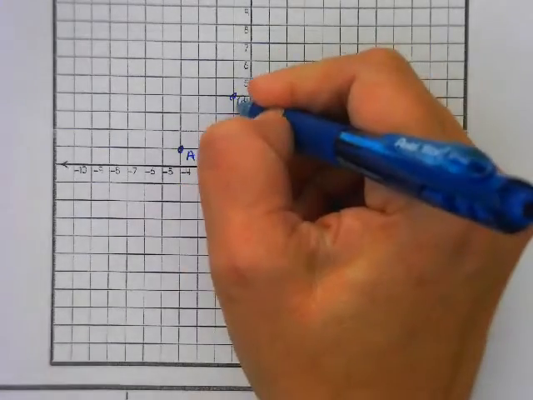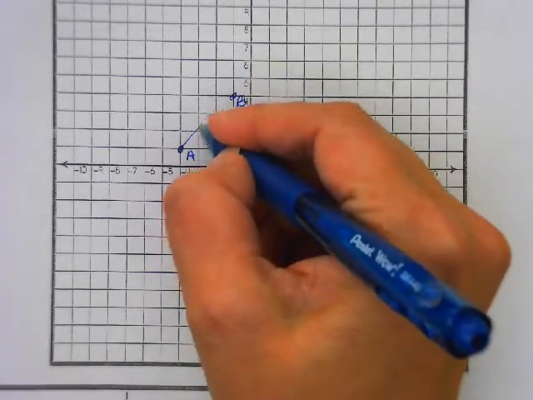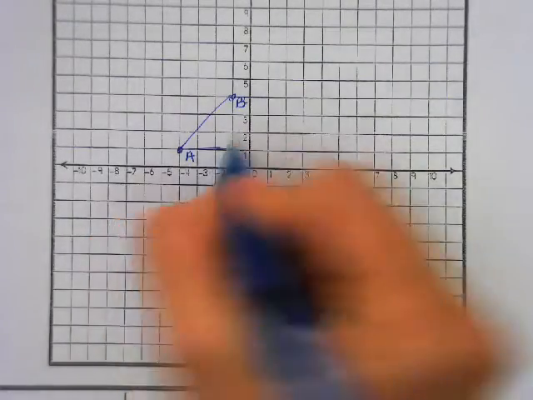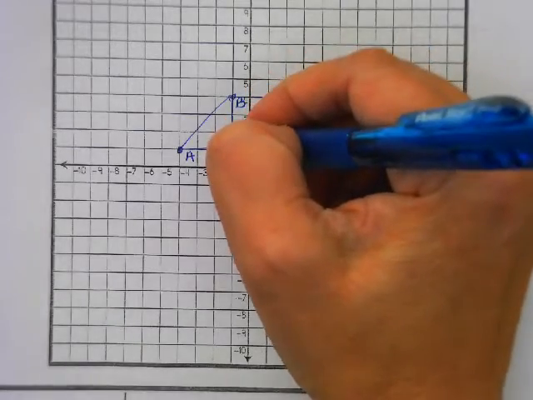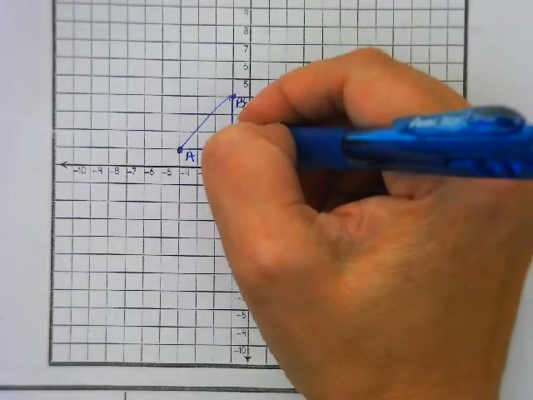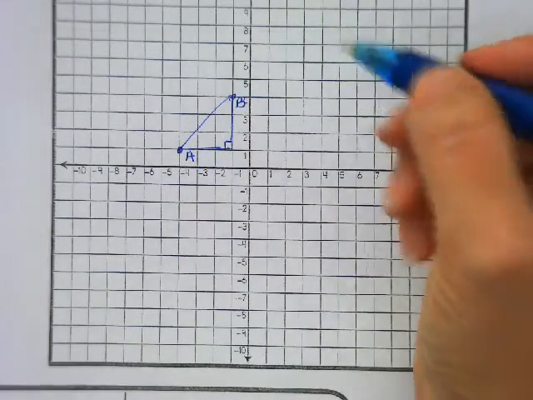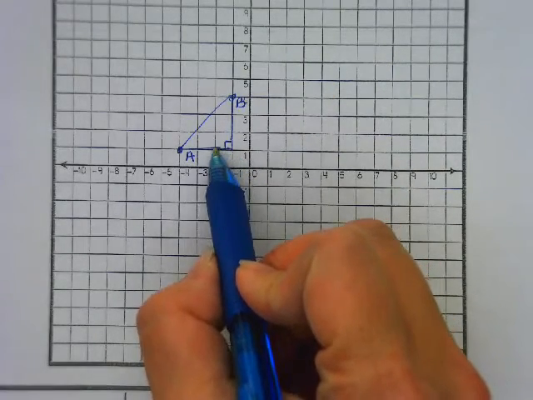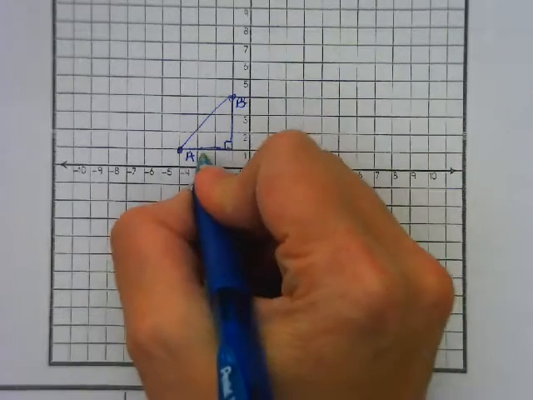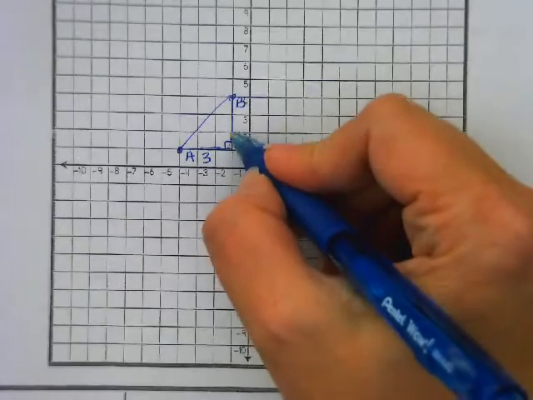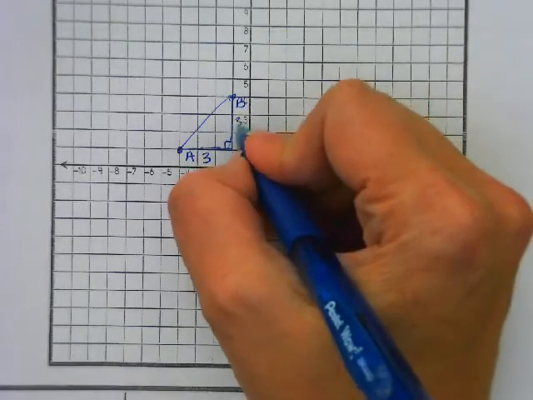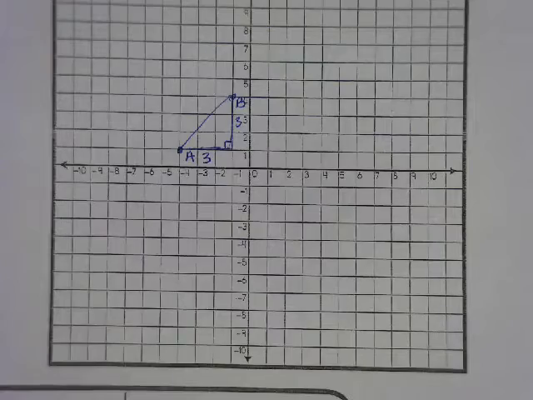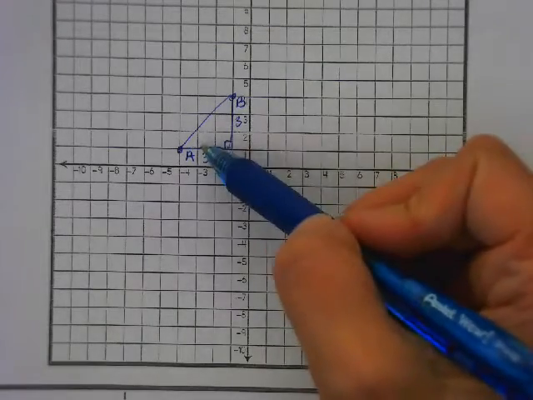So what we can do, we are going to look for this diagonal, which will be C, but if we connected at the right angle, we can see we do have a triangle, and we can count the spaces. So this is 1, 2, 3 on this leg, and 1, 2, 3 on this leg. And then we can take that information and find this hypotenuse.